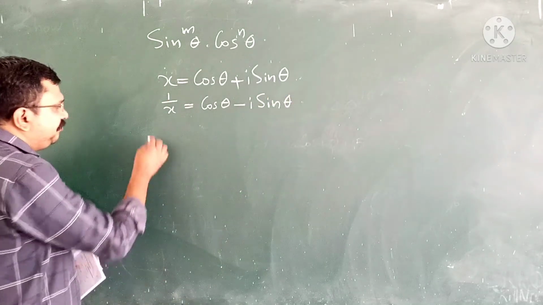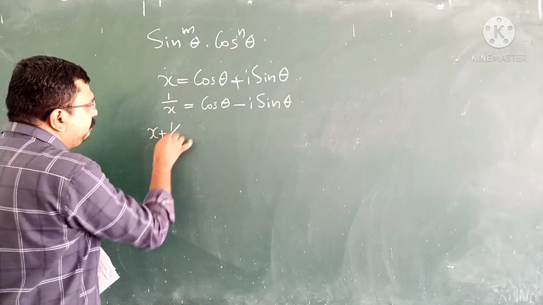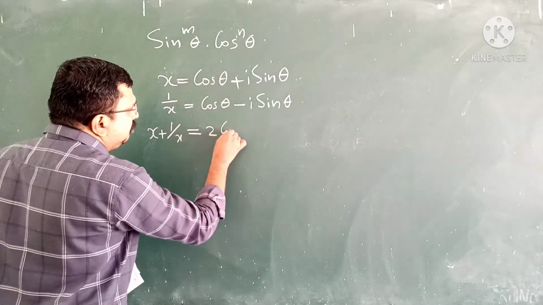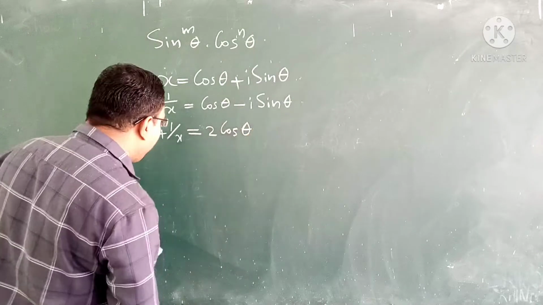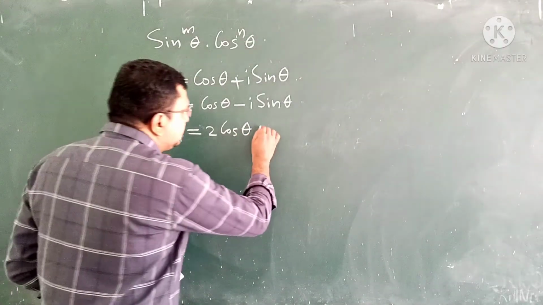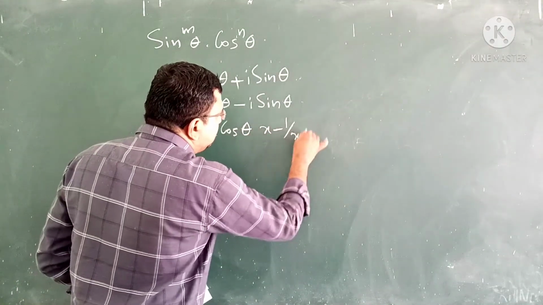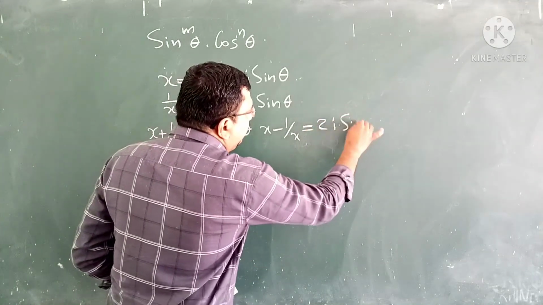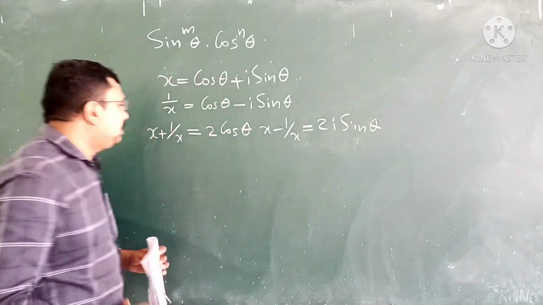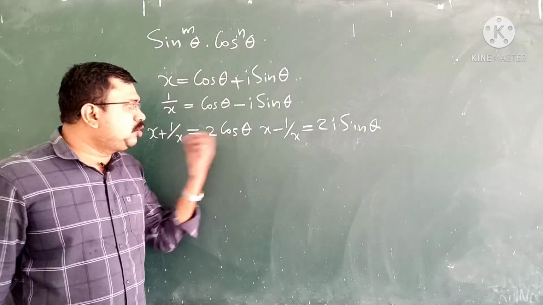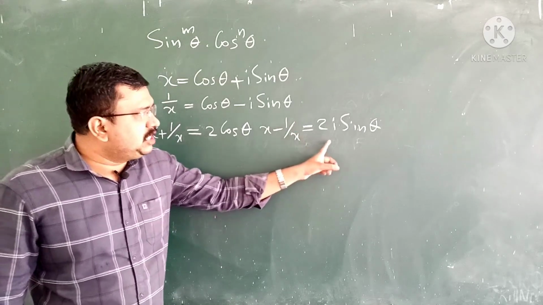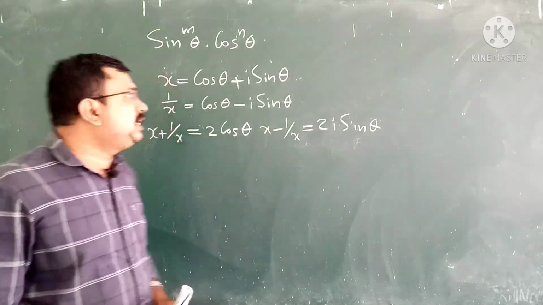Therefore, adding these two we get x plus 1 by x equal to 2 cos theta, and x minus 1 by x is equal to 2i sin theta. First one is x plus 1 by x is 2 cos theta. Second one is x minus 1 by x equal to 2i sin theta.